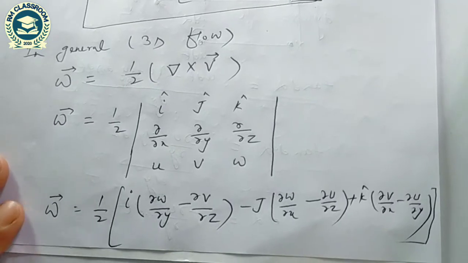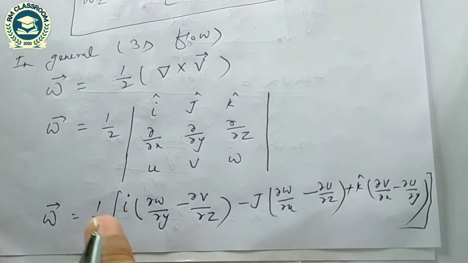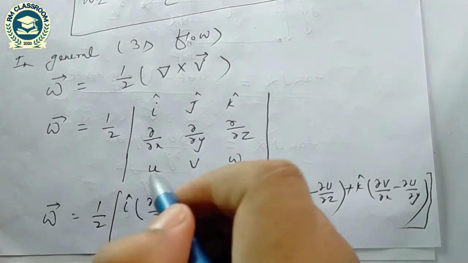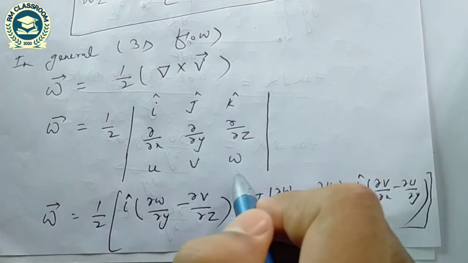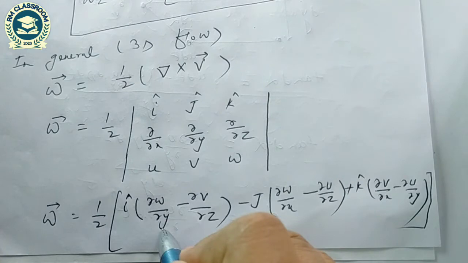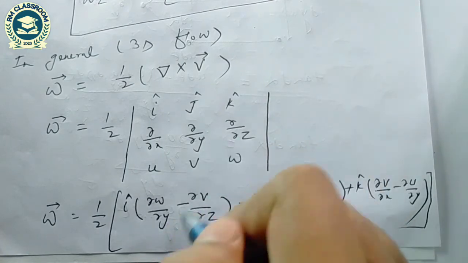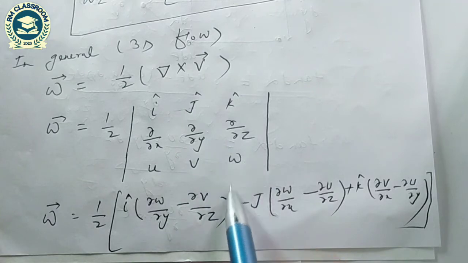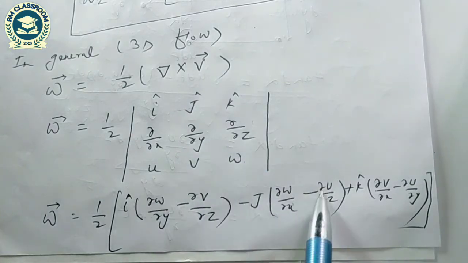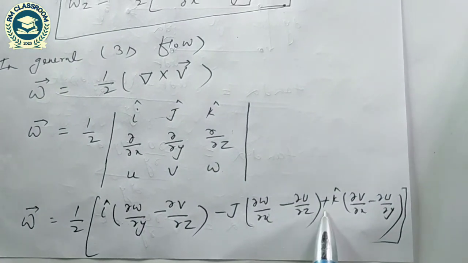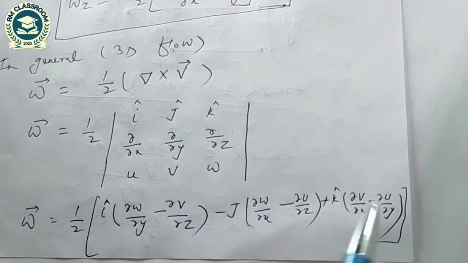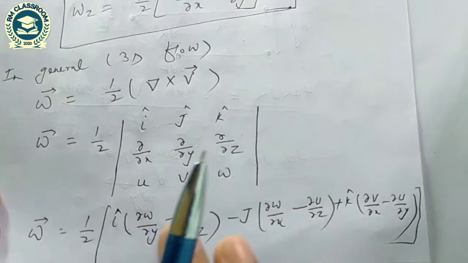So this is the total rotation. Omega is equal to 1 by 2 of i times del w by del y minus del v by del z, minus j times del w by del x minus del u by del z, and k times del v by del x minus del u by del y.